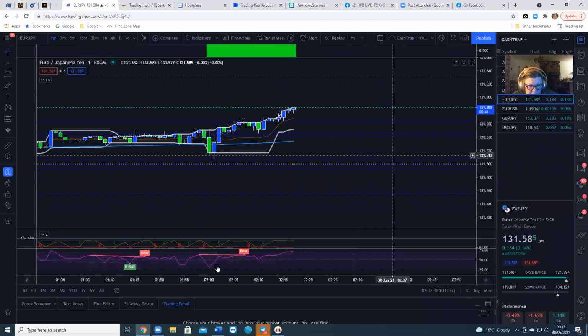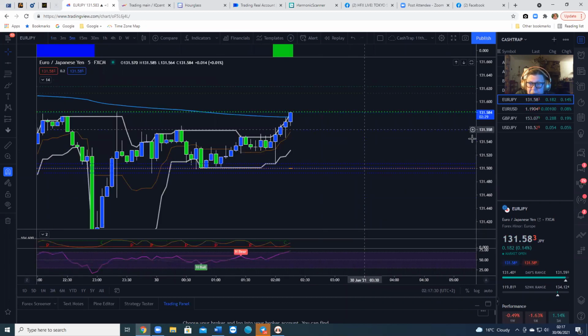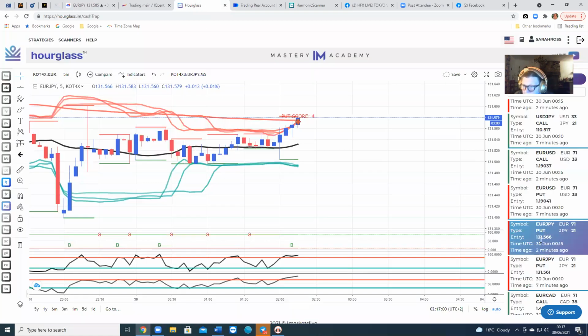So we've got hidden bull. We've got the euro, as we know, very strong. So on the 1 minute, it's come up to 584. And on the 5 minute, if we did take this, it's got hidden bear on the 5 minute, 584. HourGlass called it at 566.